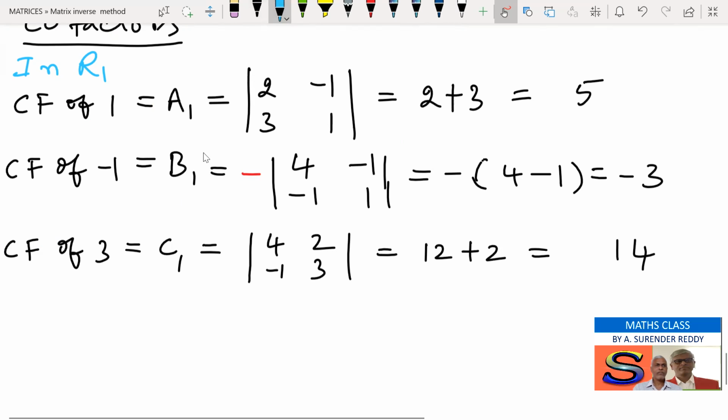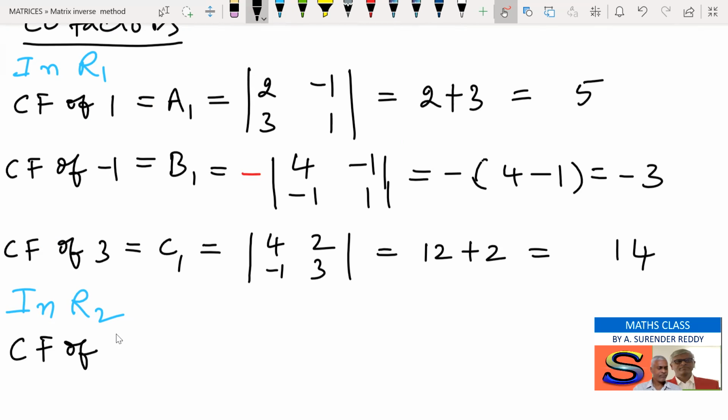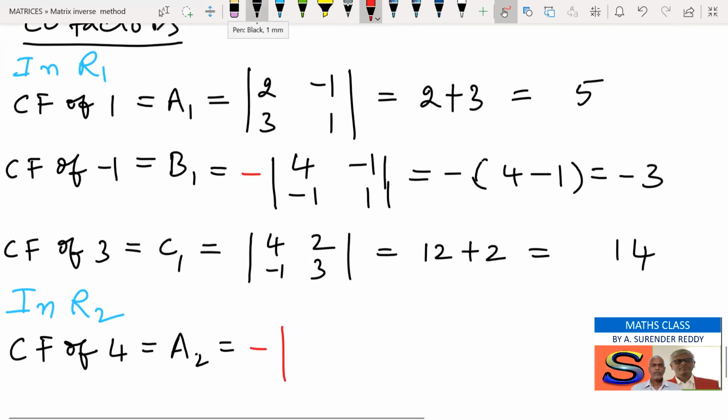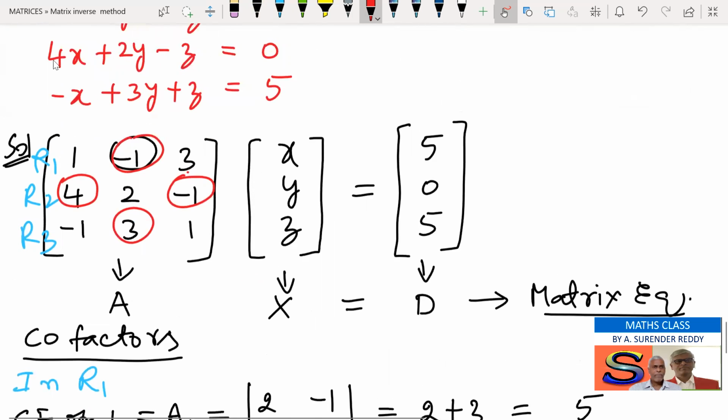Now in the second row, the cofactor of 4, the second row first element, we have to multiply with minus. You can see second row first element 4.